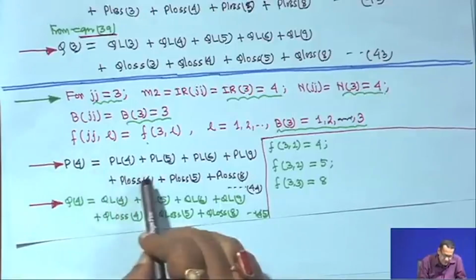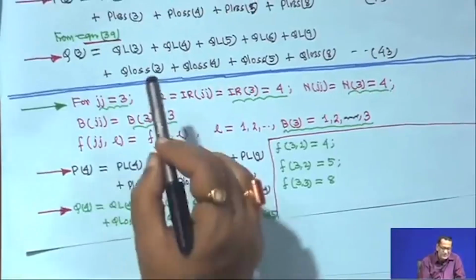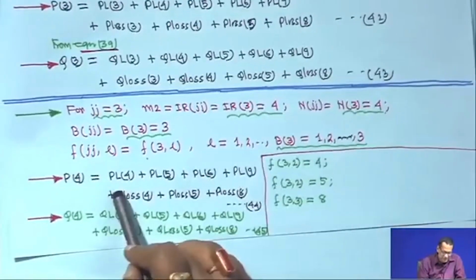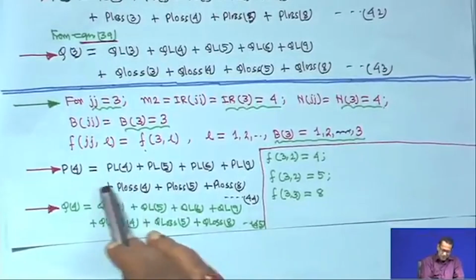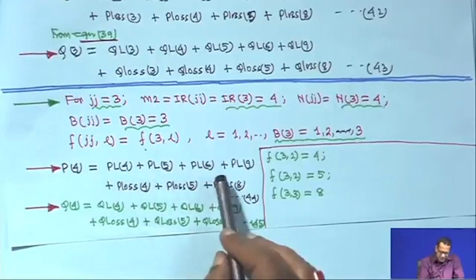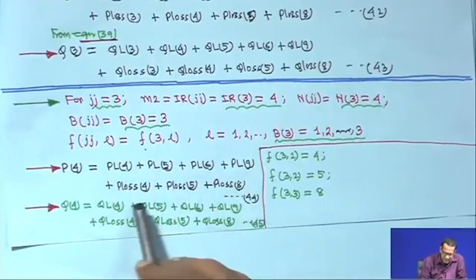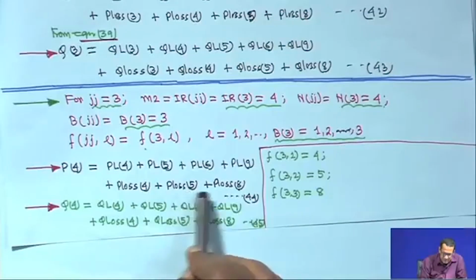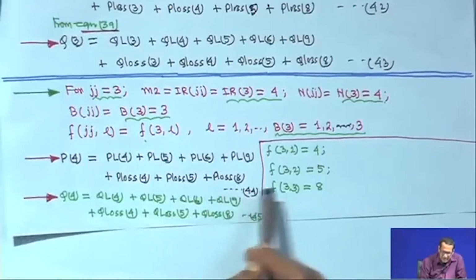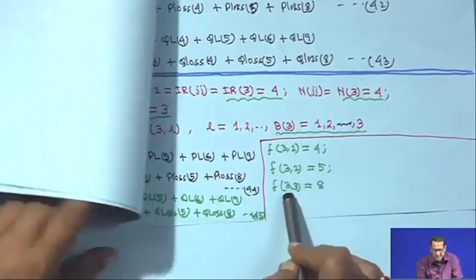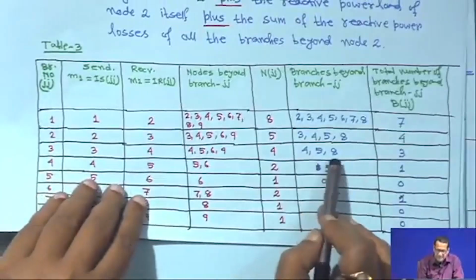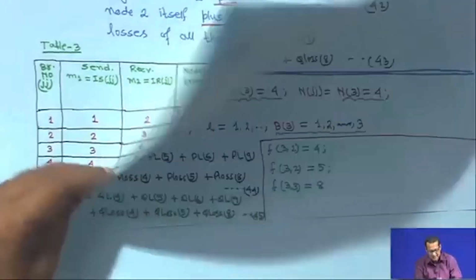Therefore, P4 will be using the same again from equation 38, this P from equation 38, Q from equation 39. So, P4 is equal to PL4 plus PL5 plus PL6 plus PL9 and plus P loss 4 plus P loss 5 plus P loss 8, right, and these elements are given here, F31 is 4, F32 5, F33 8, these 3 elements are here, right.